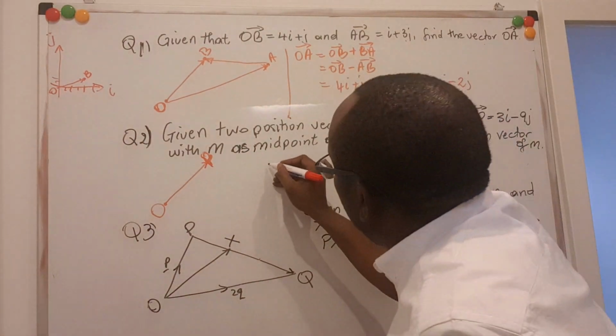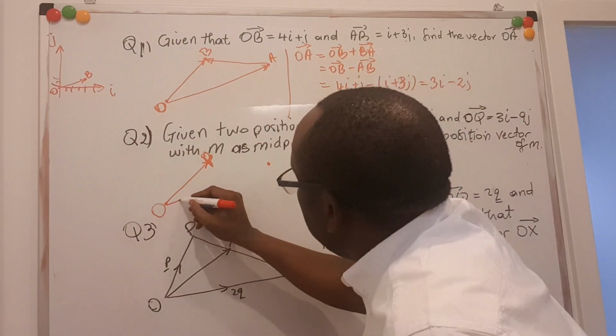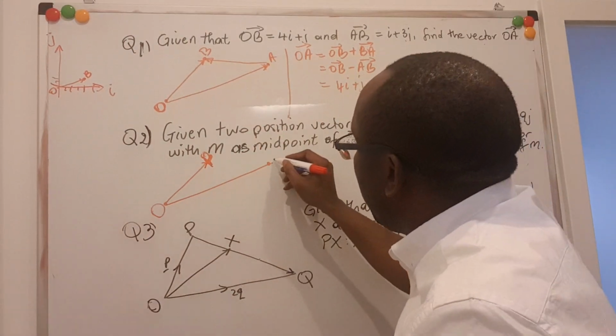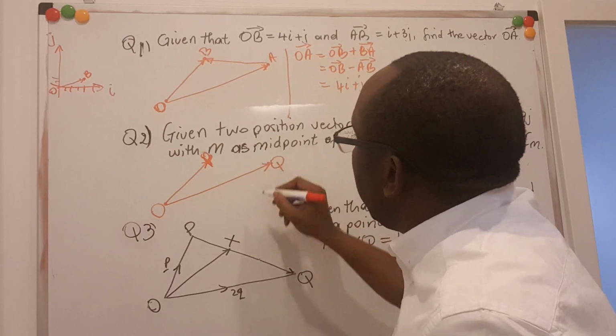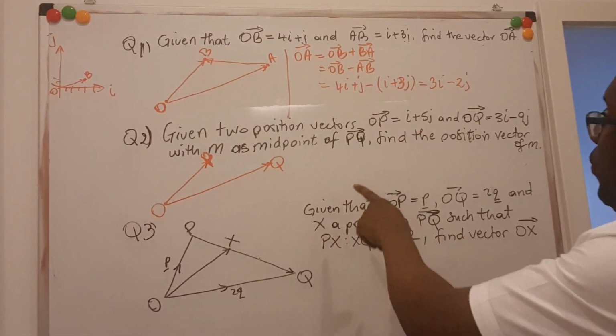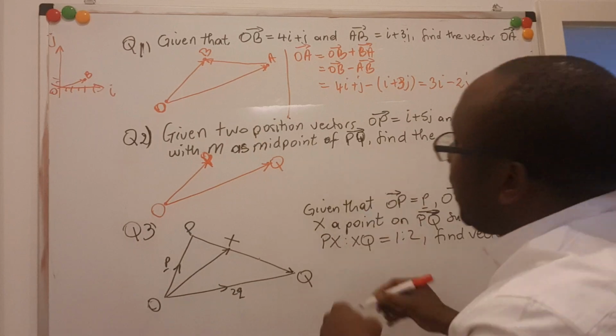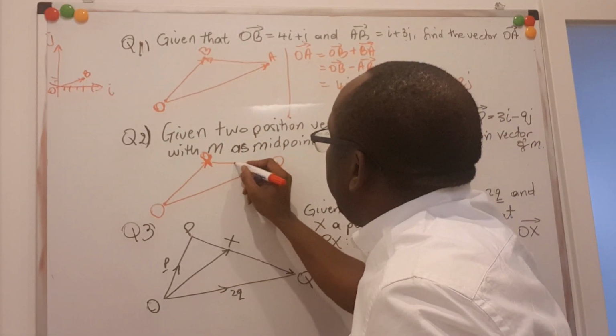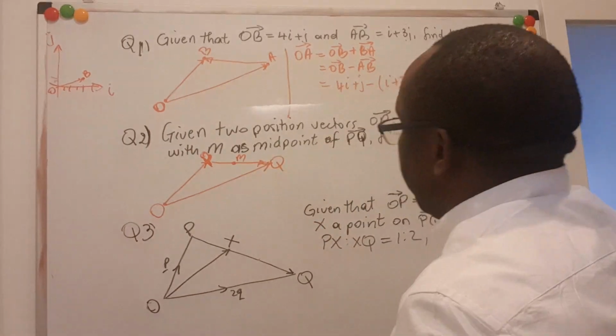And also there is Q somewhere here. This is not exact, it's not to scale, just a sketch. We are told that M is the midpoint of PQ.